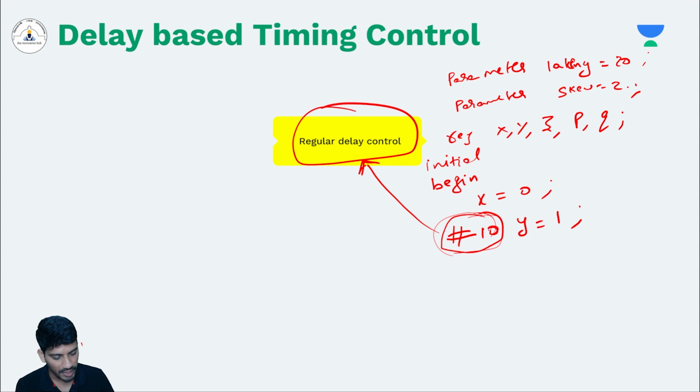Here, I am using a number directly. You can use an identifier also. Let's say I give here the same name, latency.